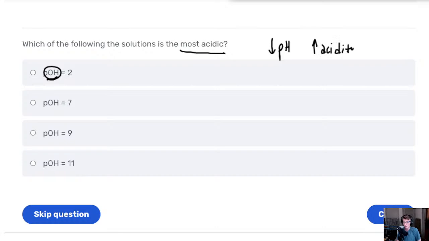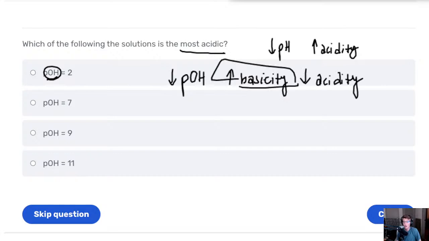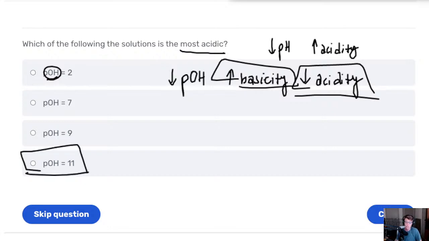If we carry that same trend over, but we look at this for pOH, we say pOH would equal high basicity, then we can just say, okay, that is going to be equal to low acidity because basicity and acidity are going to be opposites of one another, which means that we don't want a low pOH value. We instead want the highest pOH value that we could find, and that would be, in this case, answer choice D.